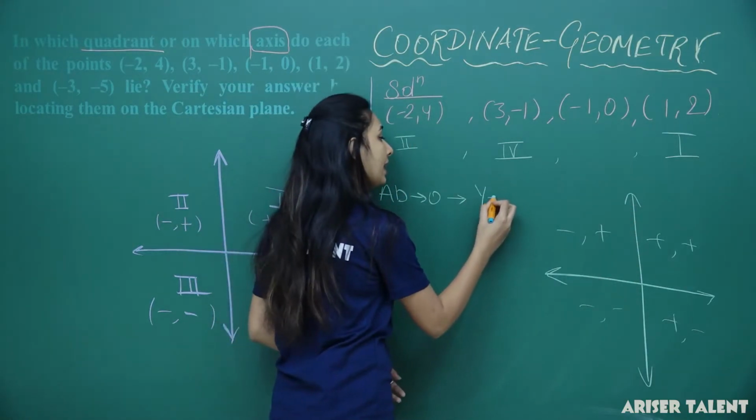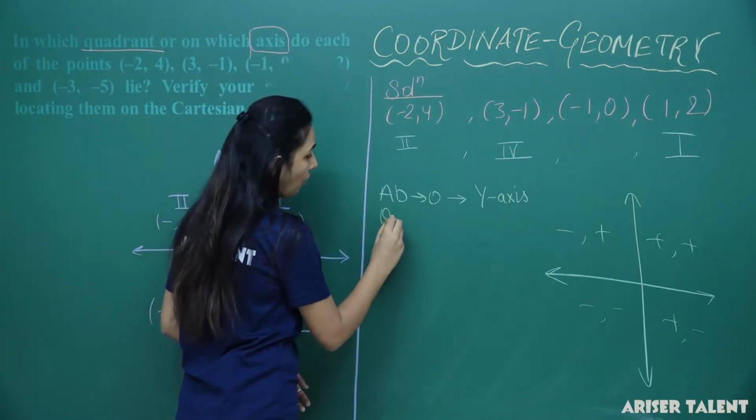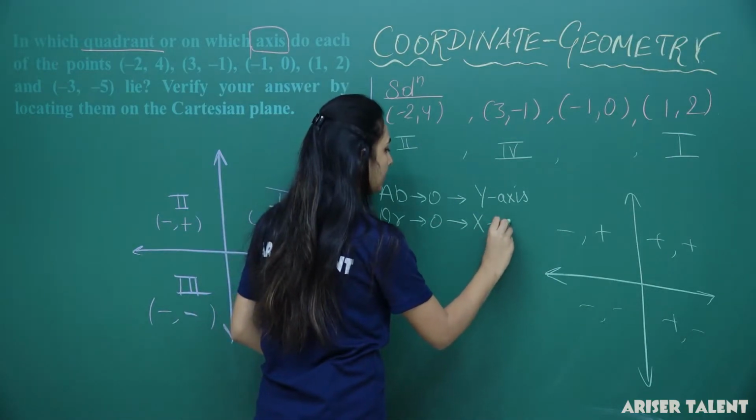If your ordinate is 0, that point will lie on the x axis.